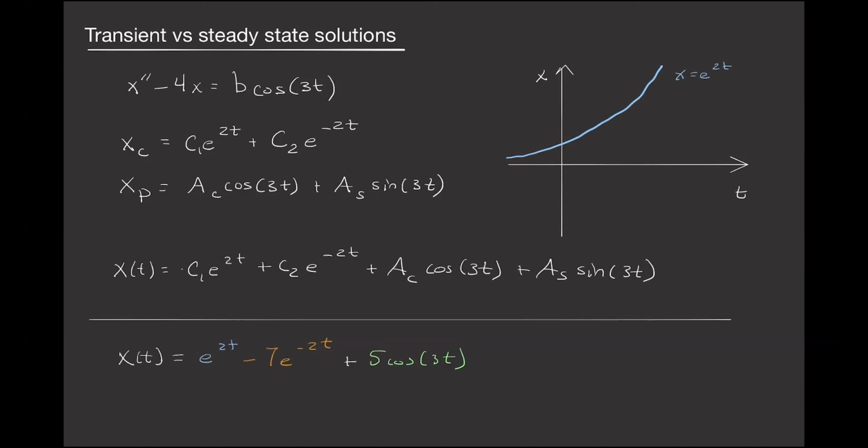If it was 7 e to the negative 2t, it would look something like this, but since it's negative, it's going to look something like this. These are going to be negative values. And then finally, what we have is the cosine term, which is going to look something like so.